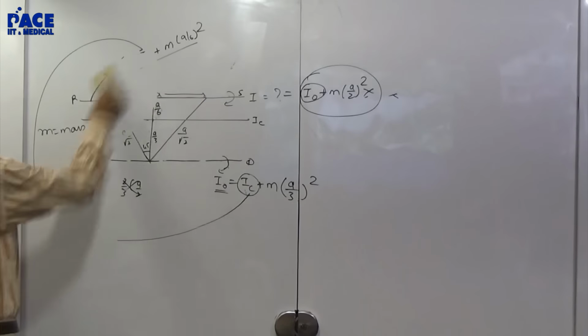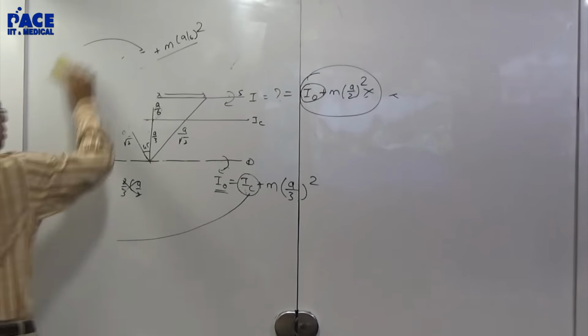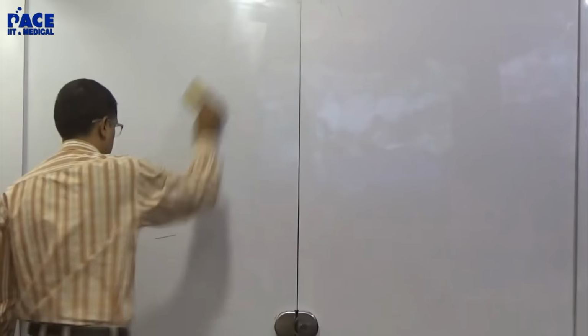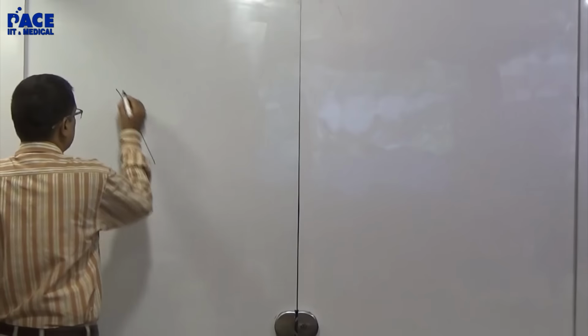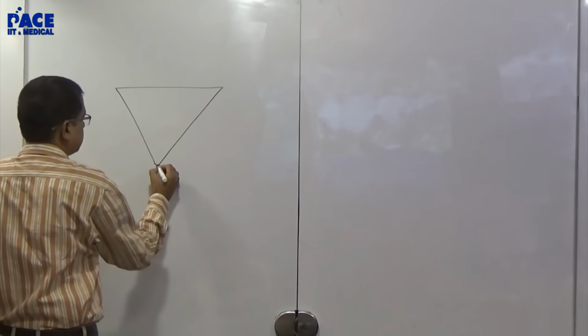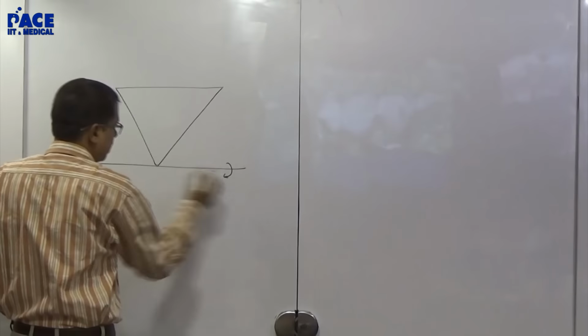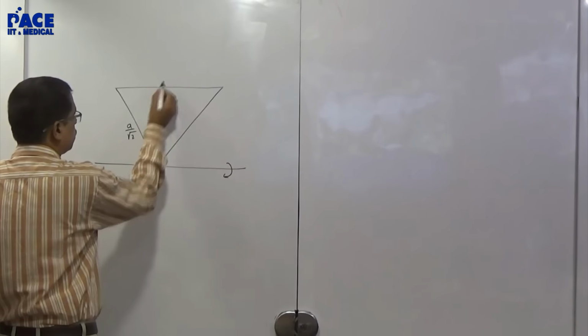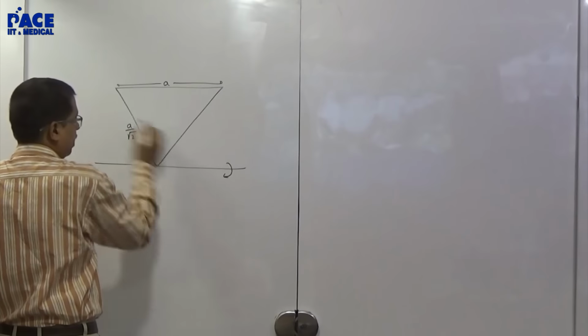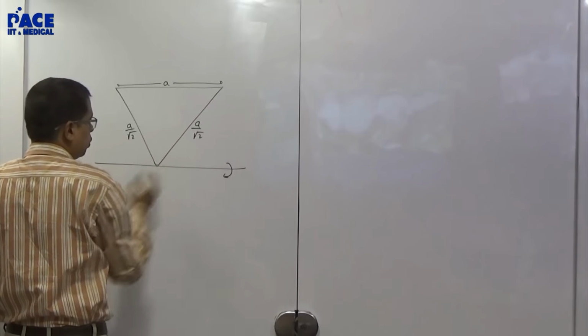Yes, sir. By the way, in this problem I gave you the value of I naught. What if I want you to calculate this value of I naught? Please calculate I naught. This value is given as A by root 2. This value is given as A. This is A by root 2.